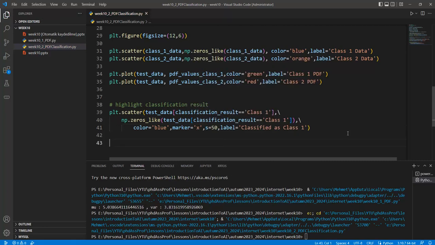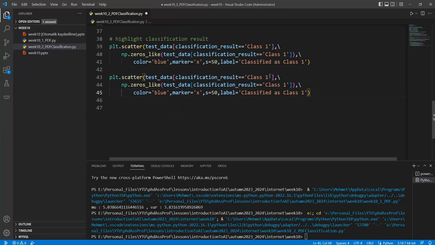Okay, just like this one, and class 2 as well, but in this case the marker is maybe x because the color is different, orange. Okay, we can say that the marker is the same because we have the different color.